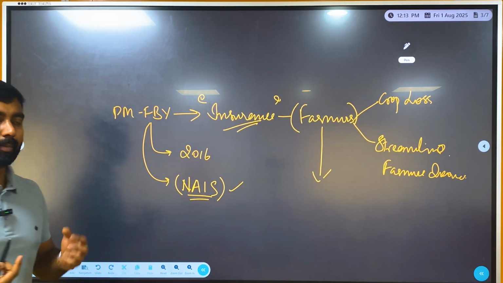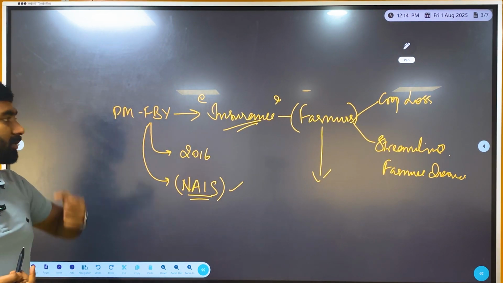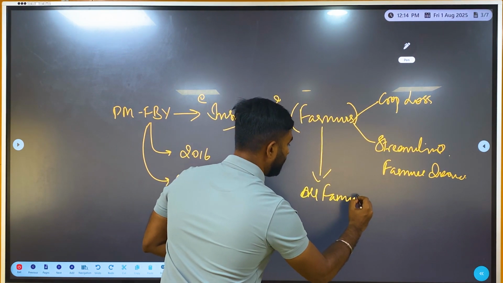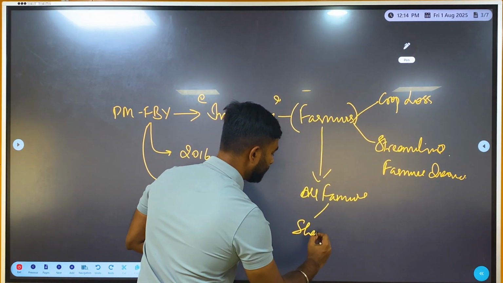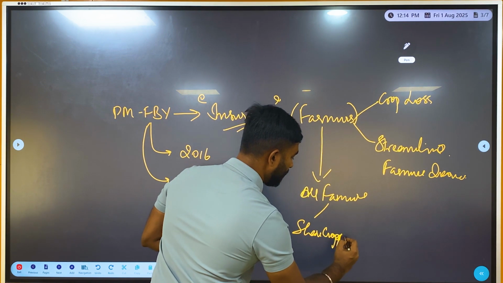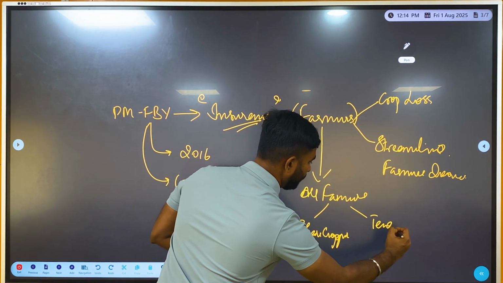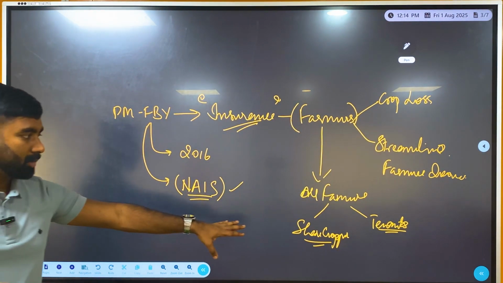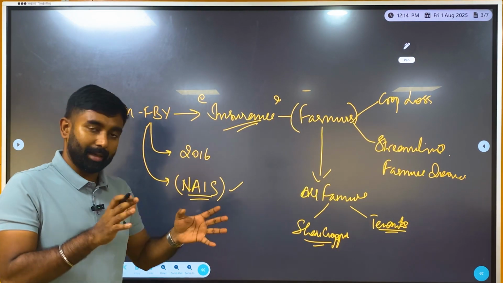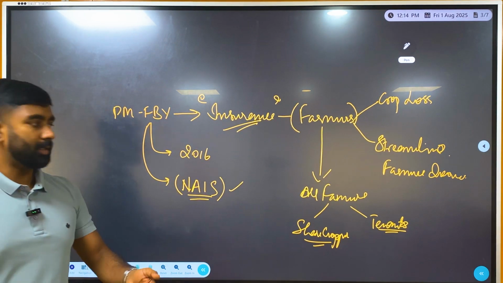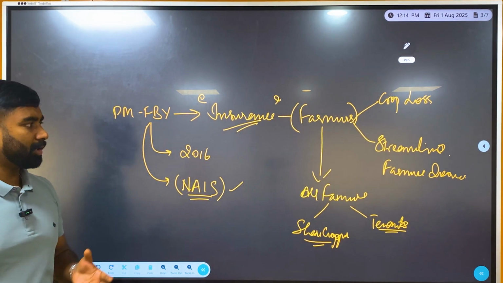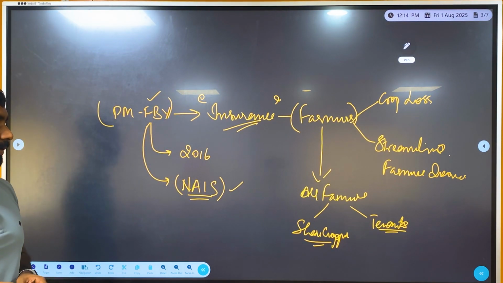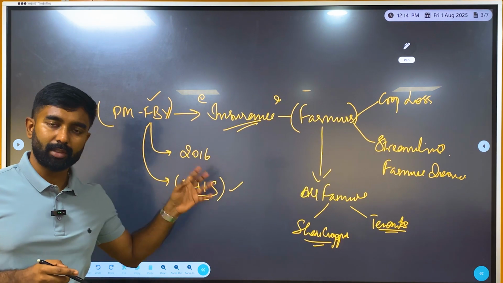Basically, this was allowed to all farmers, even including sharecroppers and even tenants, right? Even tenants who till the land, where the land belongs to somebody else. You take the land on lease and do cultivation, and even they were eligible under the Fasal Bima Yojana.